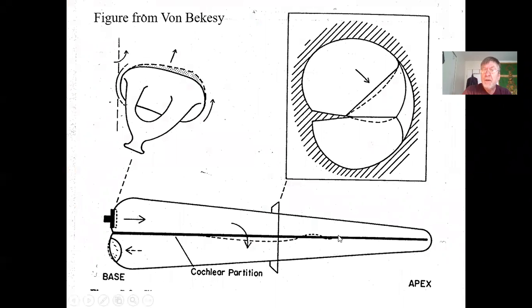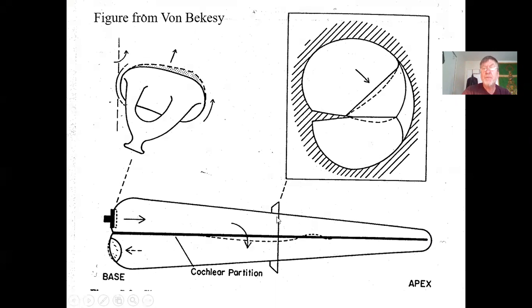Unrolled cochlea, foot plate of the stapes on top, pushing in and out of the oval window, pushing fluid around through the helicotrema and back out to bulge the round window. That back and forth movement is the horizontal movement, creating a vertical up and down movement seen here in a cross section.